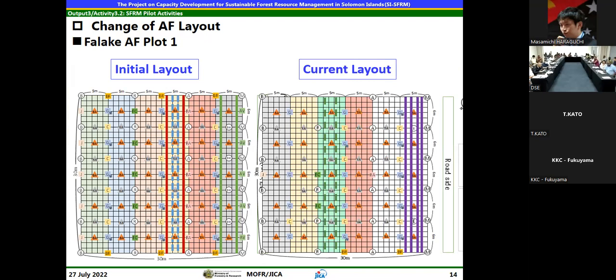Yeah, you can see it clearly here. In the initial layout there are different crops planted, and in the current layout you will see different crops, but for the long-term crops, it's the same. With the short-term, it's different because they did crop rotation.